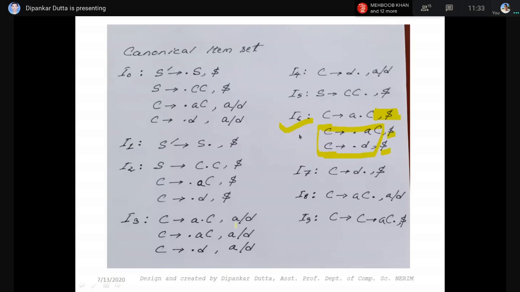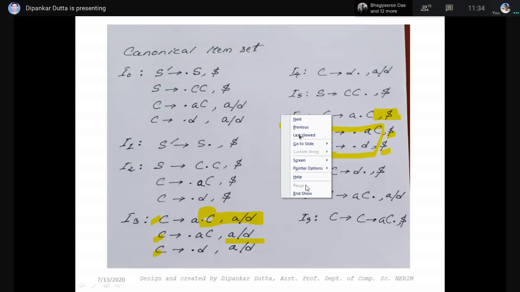Similarly, if you check here, calculate the look ahead for this particular production. Oh, okay. So how do these two productions come? Dot C. Closure of dot C.